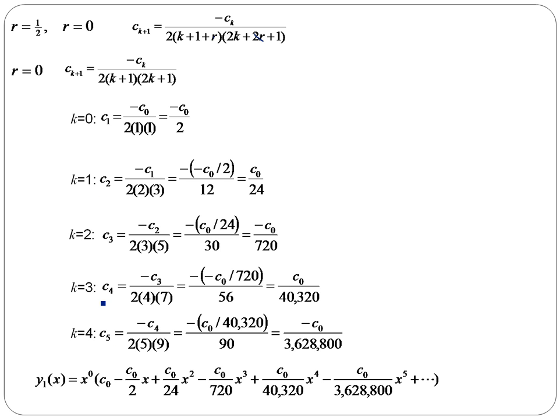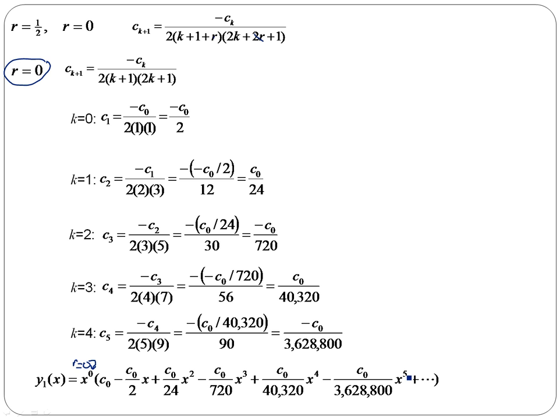Now you can put these values together to come up with a general solution. Our general solution is going to be x to the 0 power. That's from this r equals 0 right here. That becomes your exponent on your x, and then multiplied by the polynomial.